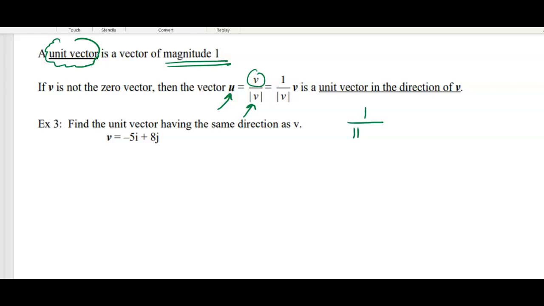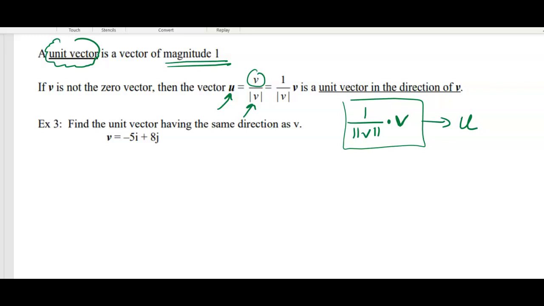So this is the official formula with the correct notation. You're going to multiply the vector v by 1 over its magnitude. This will always give you a vector in the same direction that has a length of 1.